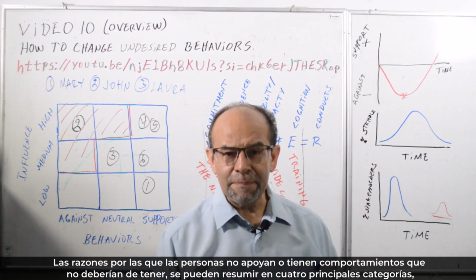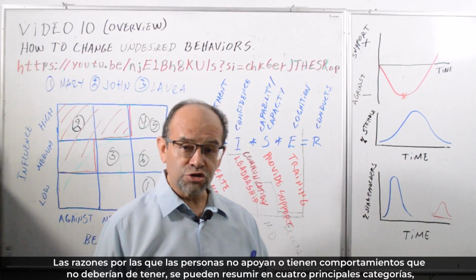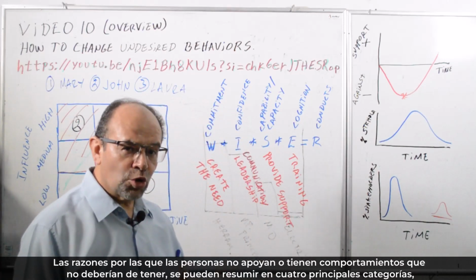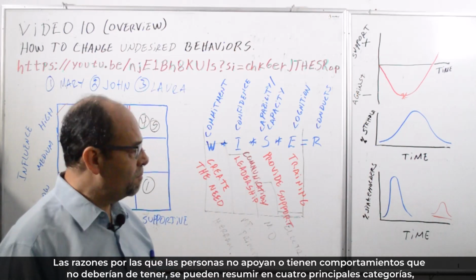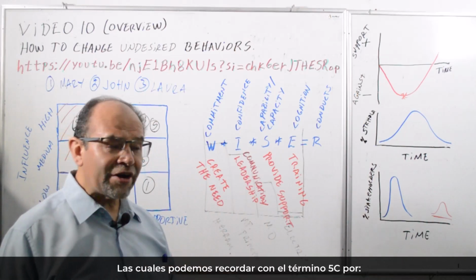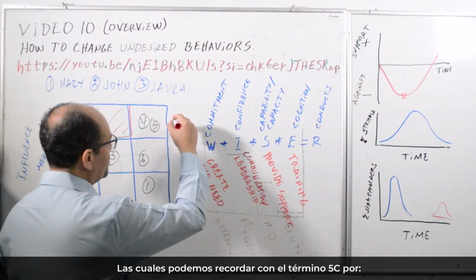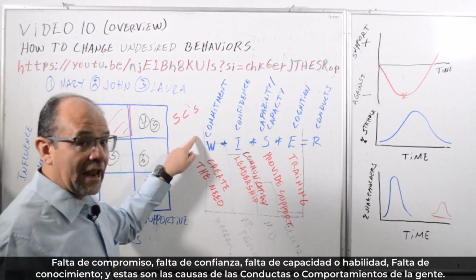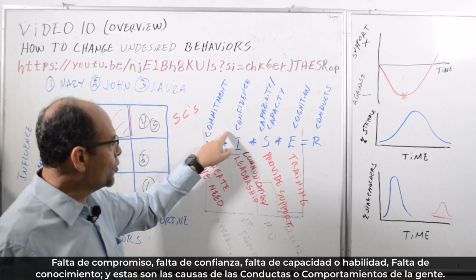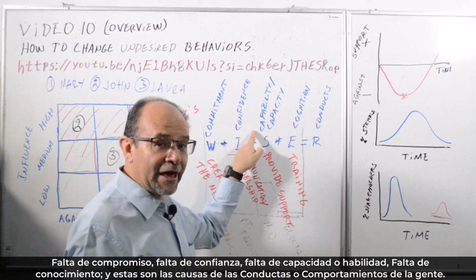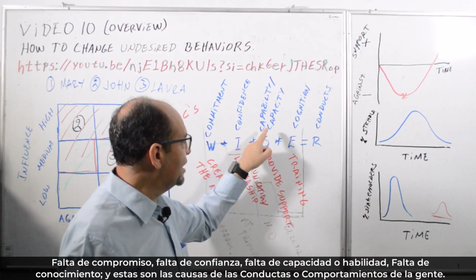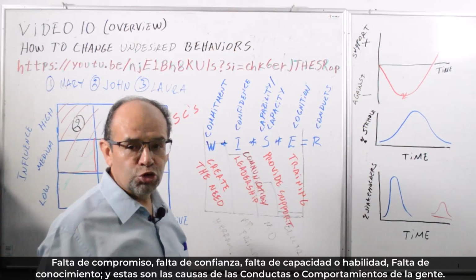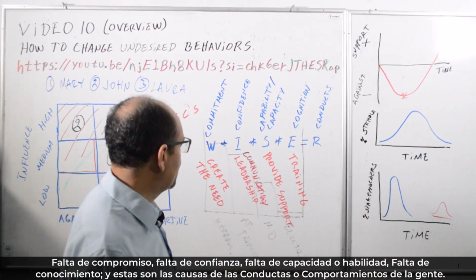The reasons of why people do not support, the reasons of why people have behaviors that shouldn't have, could be summarized on 4 major reasons, which you can remember with the term 5 C's, because of lack of commitment, lack of confidence, lack of capability or lack of capacity, lack of cognition, and that leads to the conducts, to the behaviors of the people.